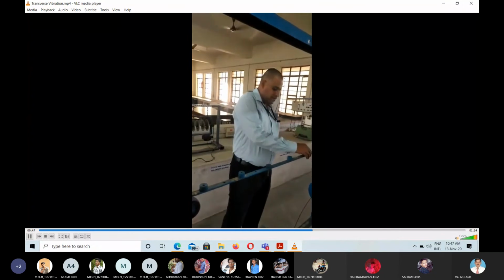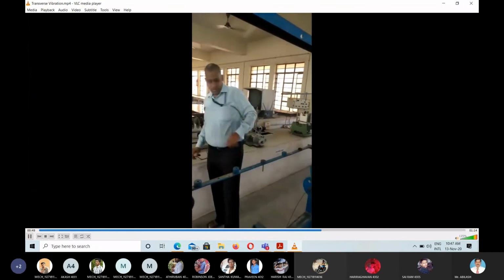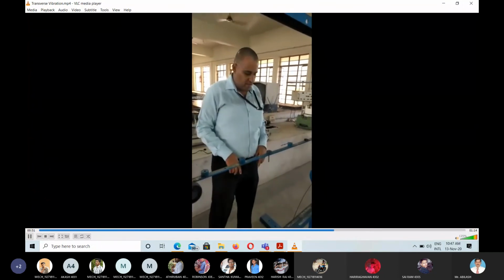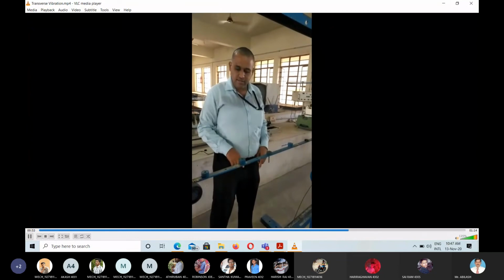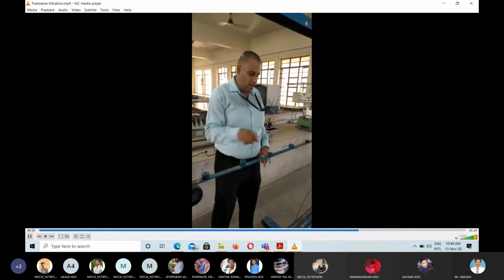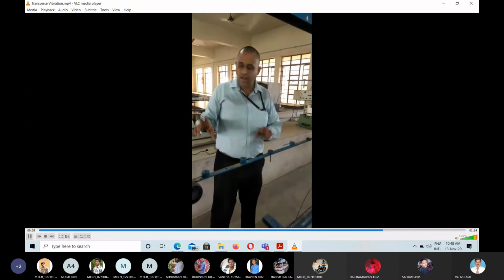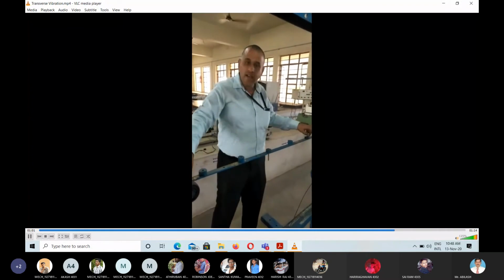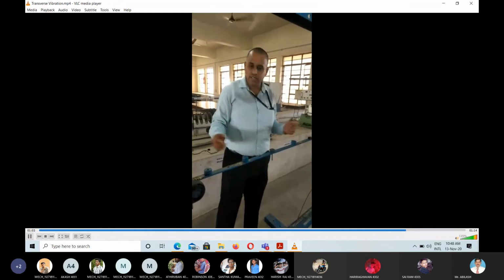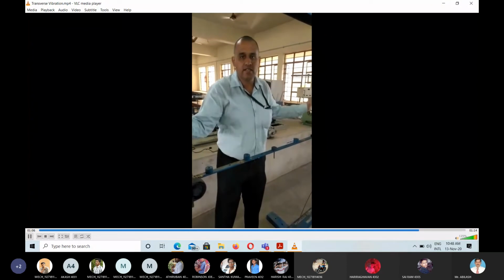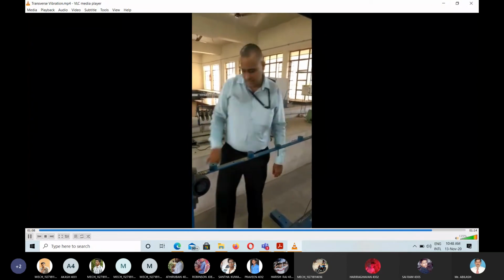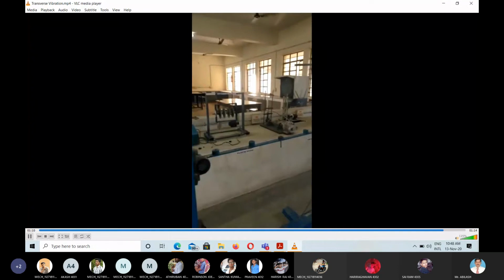This is the concentrated position. Like the previous experiment, we are going to take 3 times, keeping the load at 5 different positions. We are going to measure this distance. Here also the observation is you need to measure the length, the length between the loading positions, depth, and thickness. That's it. Next, single rotor system.